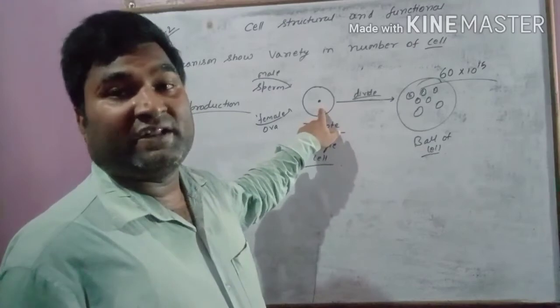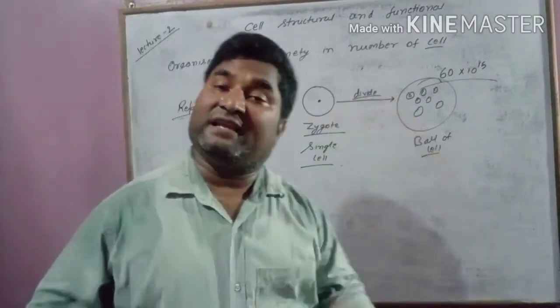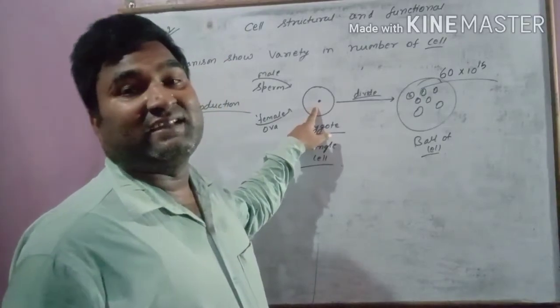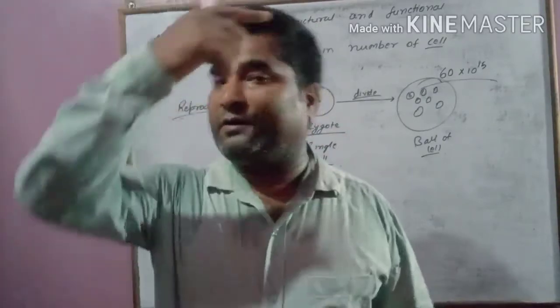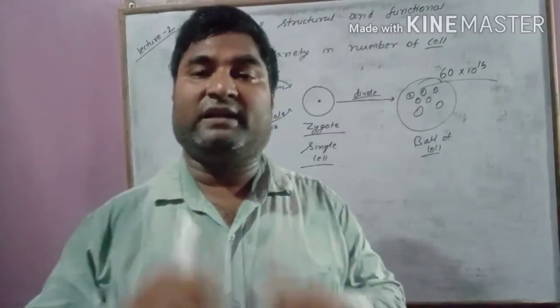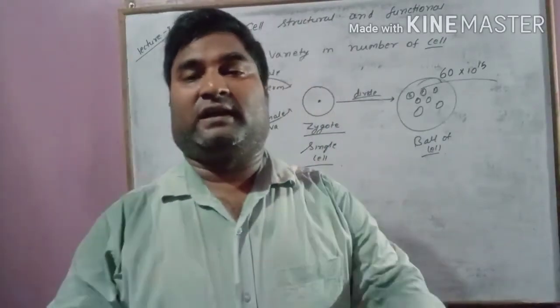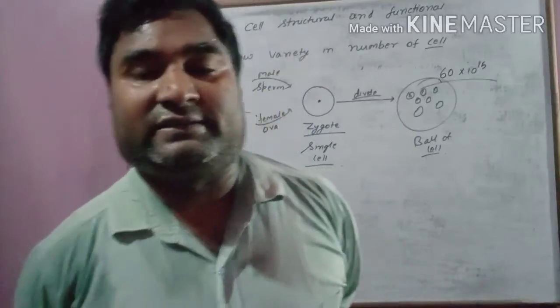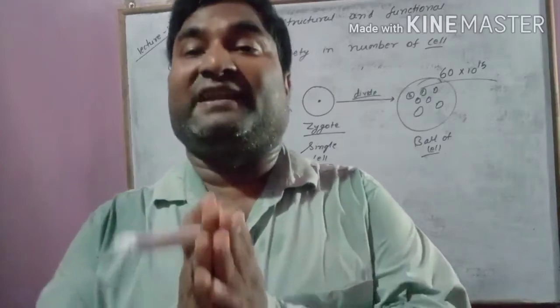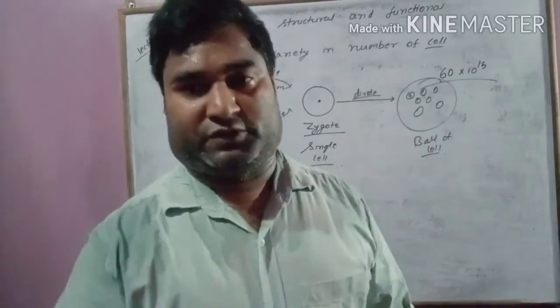So the origin of all the cell in our body is same, the only single cell, that is zygote. So cells of different part of our body are similar in their internal structure. So they are similar to each other when talking with respect to the genetic constituent.